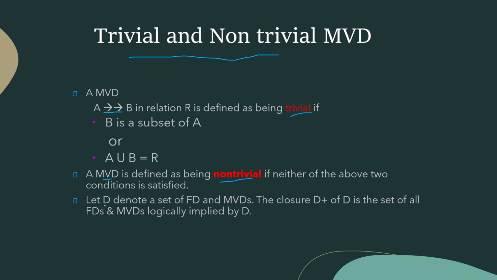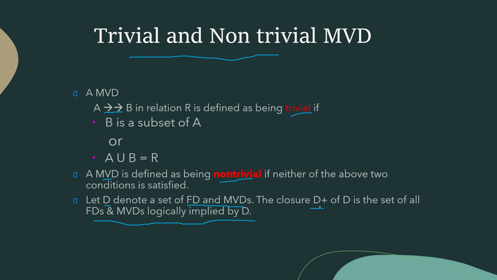And next, suppose D is the set of multi-value dependencies and functional dependencies in a particular relation. The closure D plus is the set of all the functional dependencies and multi-value dependencies which are logically implied by D. We already studied the closure F plus in the case of functional dependency, and we use the same concept in the case of multi-value dependency also.